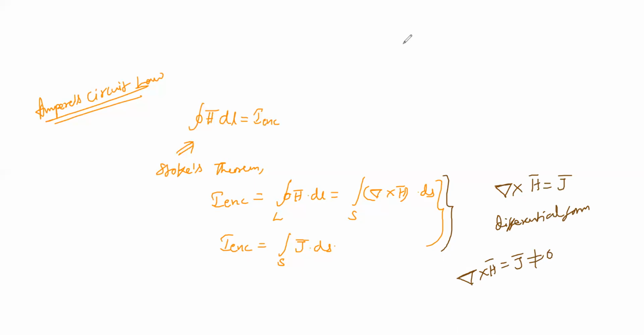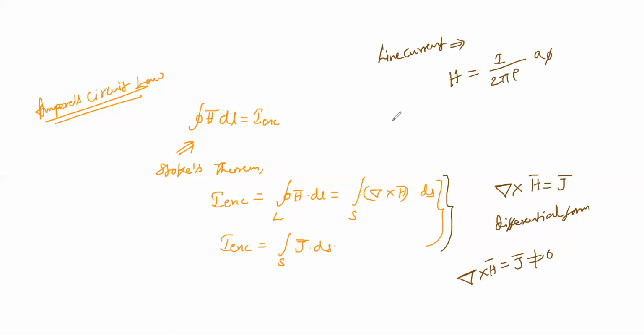For the line current, if we apply it, we get the equation H equals I by 2 pi rho times a phi.